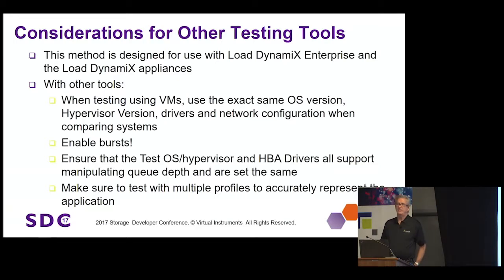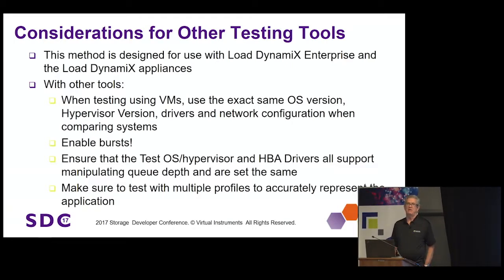I just got a few comments that I think are worth talking about. So when you're testing using a test harness that's using VMs, number one, make sure you've got the same OS version, same system, same drivers.